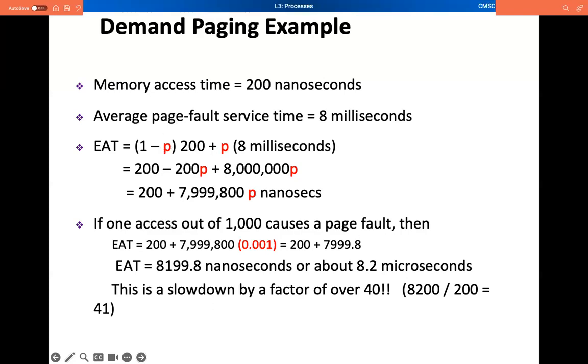And if we have a page fault, considering that one access out of 1,000 causes a page fault, our effective access time will be 8.2 microseconds. And as you can see, it has slowed down by a factor of over 40.